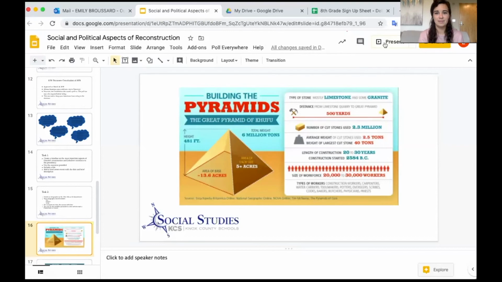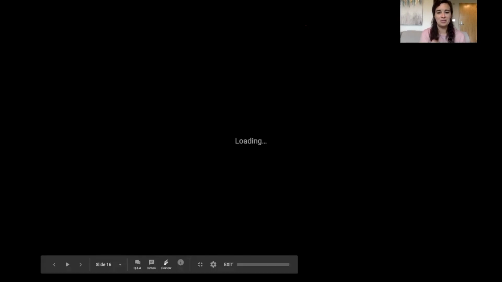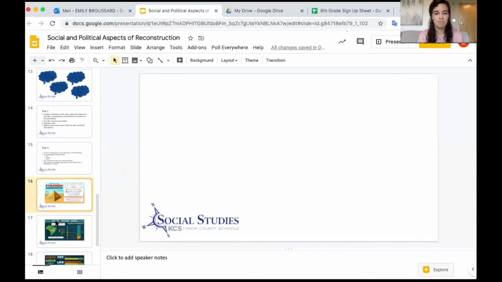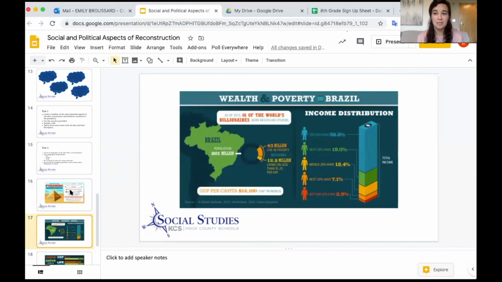Okay, let's see if this will work. All right, I'll just show it to you like this. We'll look at this example. This example is on wealth and poverty in Brazil.